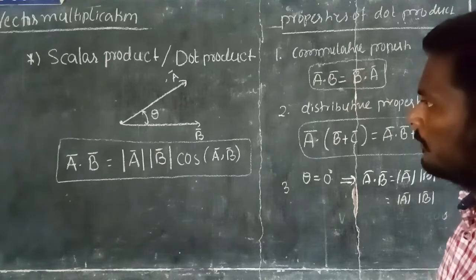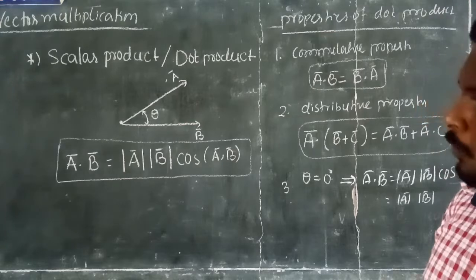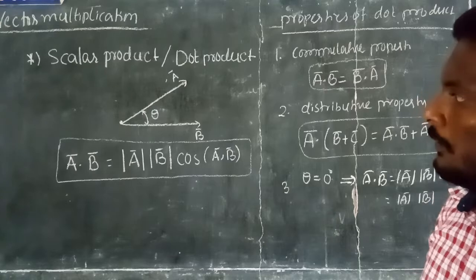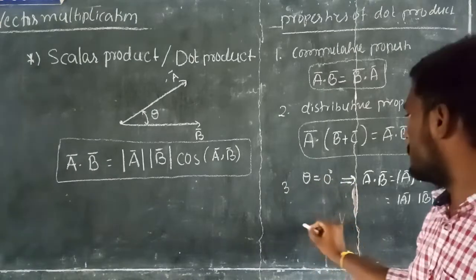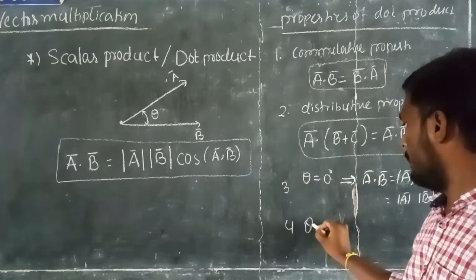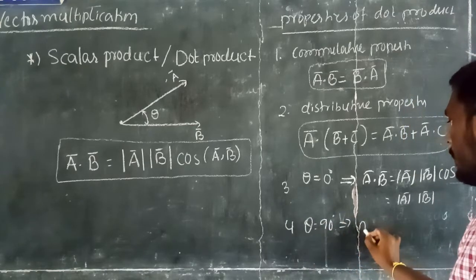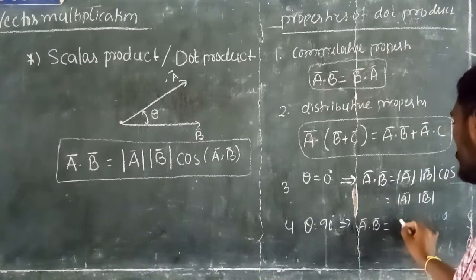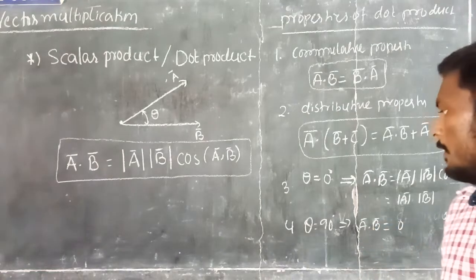Now, if vector A and vector B are orthogonal, that is, 90 degrees to each other, then theta equals 90 degrees, the result involves cos 90, which is 0, so the dot product result is going to be 0.